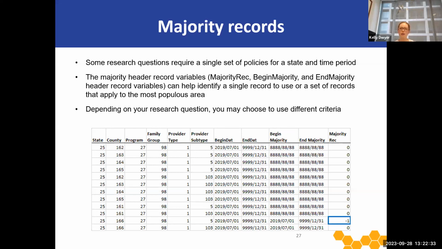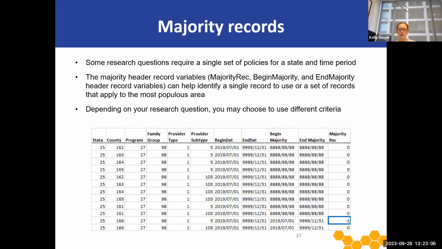When this variable is coded -1, as you see here highlighted by the blue box, it identifies the record for the state and time period that applies to the most populous area of the state, families with a working parent or guardian who are not receiving TANF or transitional childcare, with children who do not have special needs, and with one child in care, who attend a licensed center-based provider and who are being reimbursed at a base level that does not include higher quality or tiered payment rates for the provider.